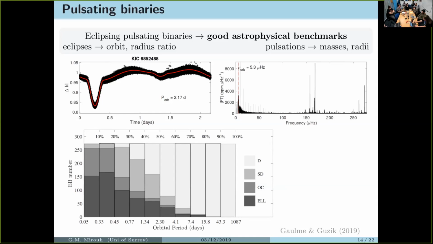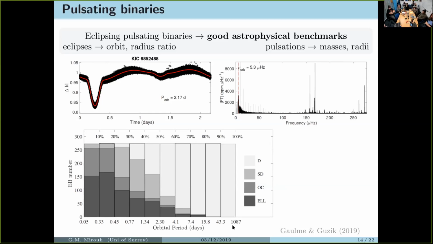So they found something like 2,700 eclipsing binaries. So you have slices of 10%. So 10% of those have a period that is less than a third of a day, so 8 hours, and so on until several years.